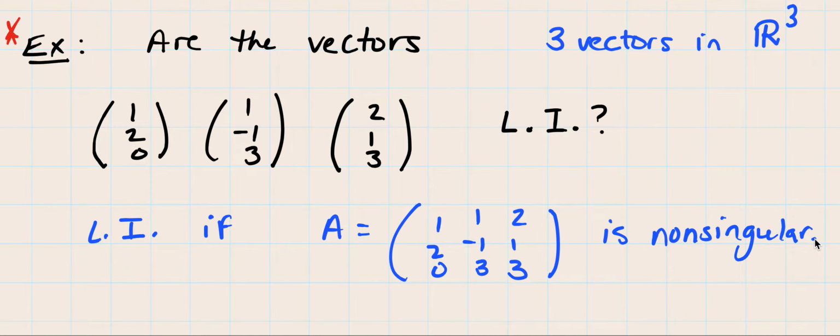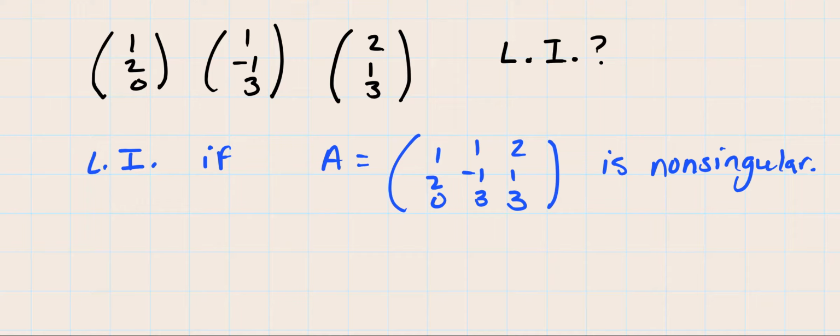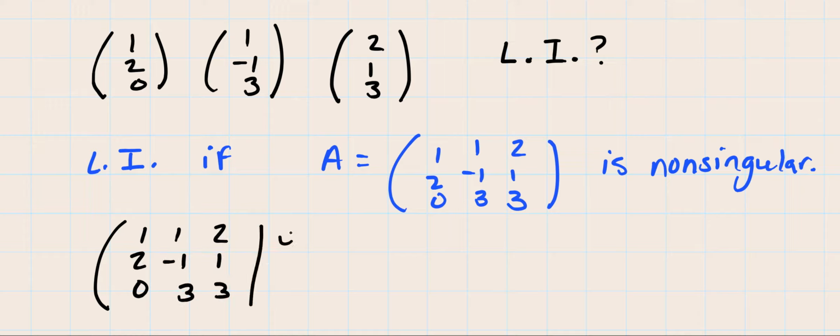Now there's several ways to figure this out. We could do what we did before, which is just put this in an augmented matrix and find the reduced row echelon form and see if the reduced row echelon form is the identity matrix. If it is, then these vectors are linearly independent. However, I'm going to use another theorem.